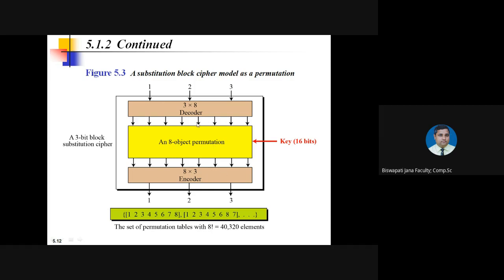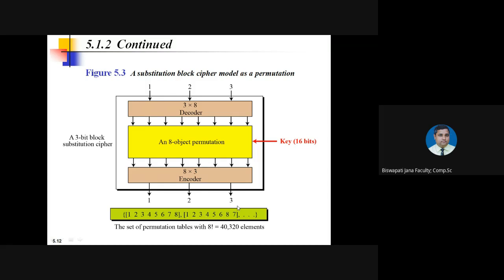There are 8 input lines. If you use the permutation, then obviously there are 8 factorial possibilities of permutations on the output line, which means 40,320 possible keys. From these you can choose any one, then encode the data from 8 to 3 and get the values.